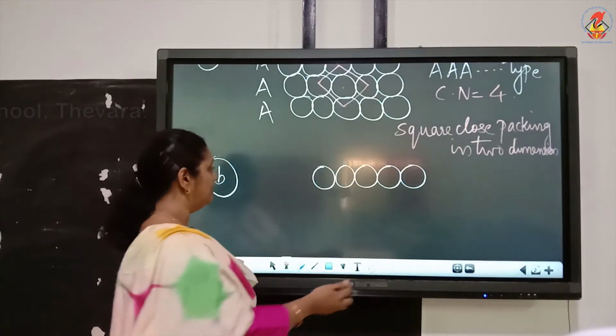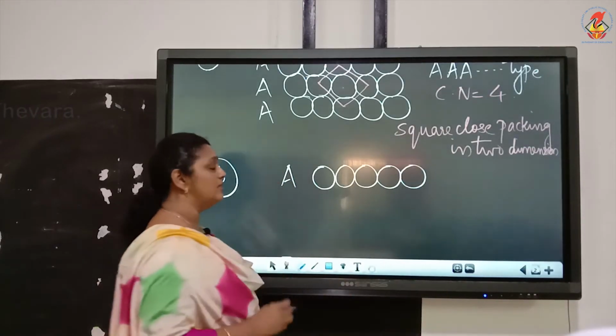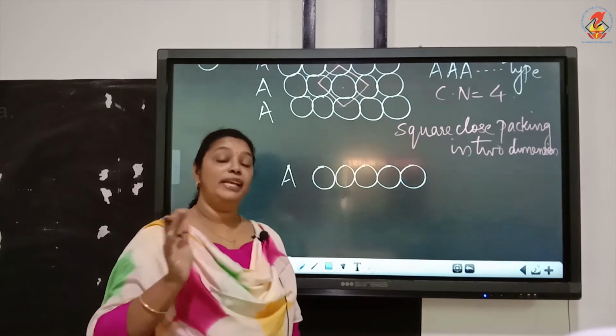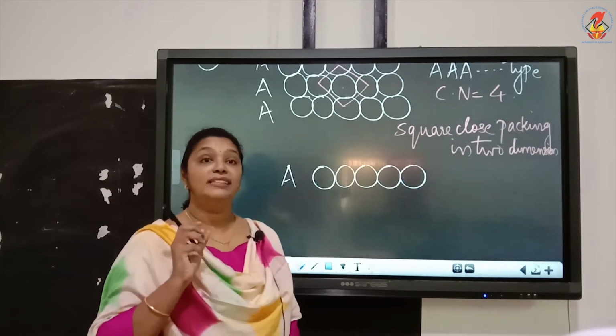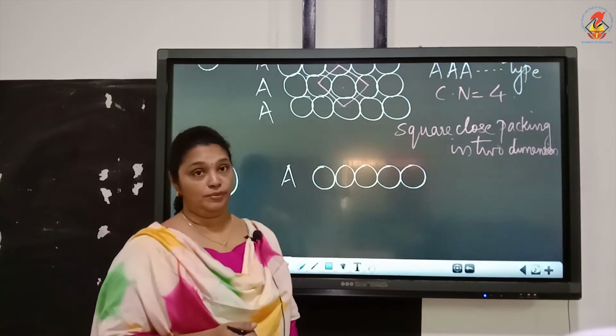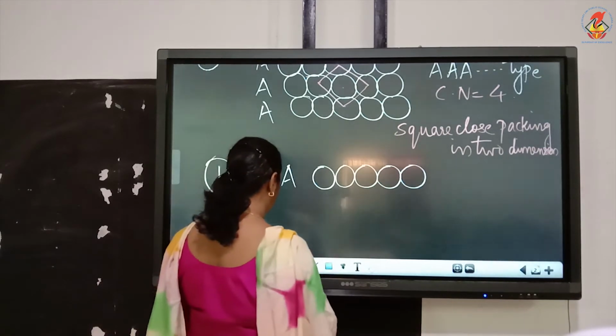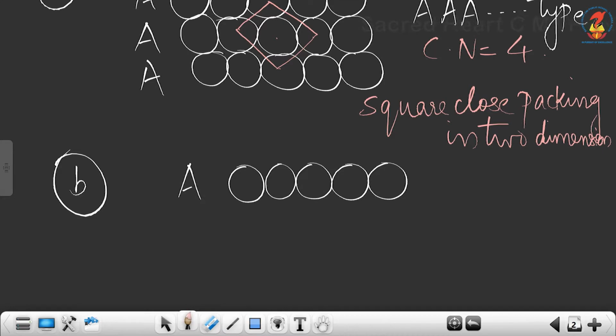Suppose this is A. Now when I place the second row, I am going to place it in the depressions of the first row. Depressions of the first row means I will be placing it here. These are the depressions of the first row.